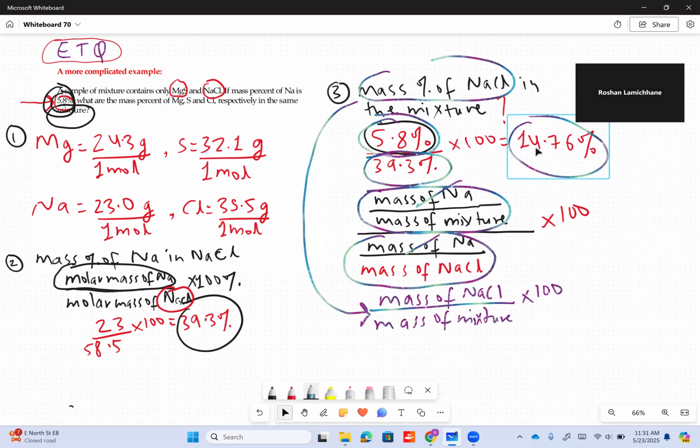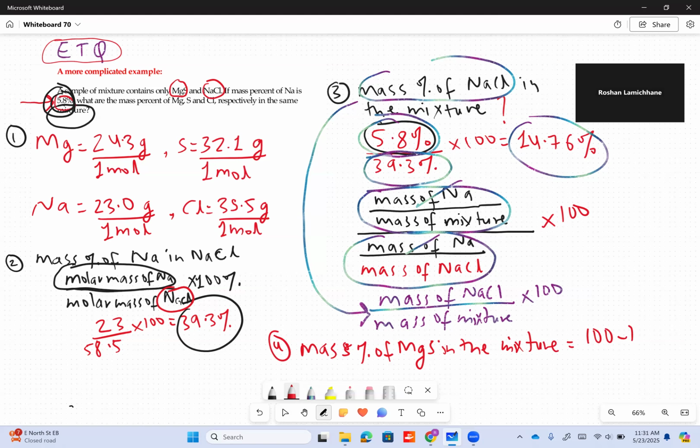If I subtract 100 minus 14.76%, that will give me my fourth step, the mass percent of MgS in the mixture. So 100 minus 14.76% ends up being 85.24%. Battle almost done. We're almost there.